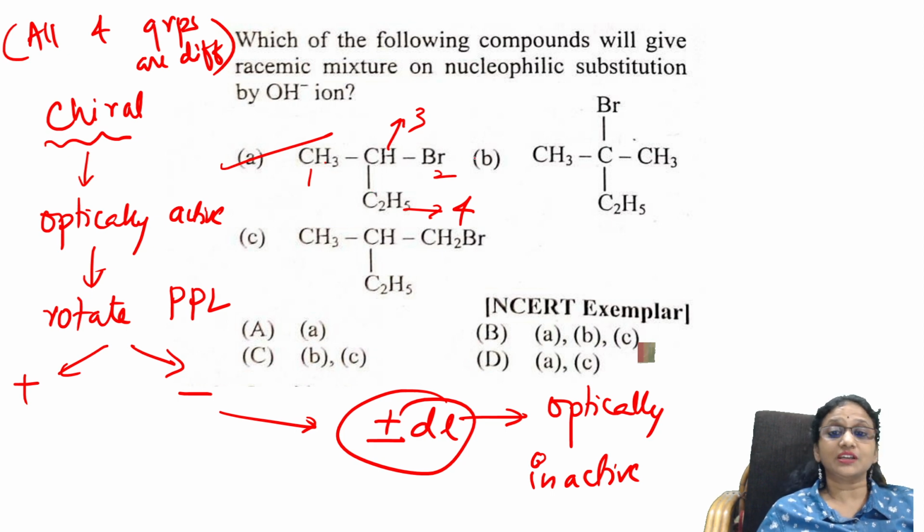Easy? So in this case, two are similar, so this is not it. This is achiral. In this case, two are CH2CH3. No, this also is not possible, because this is also achiral. So the first option is chiral. That's why it is going to show the racemic mixture. Is it easy, students? So chiral will rotate the plane polarized light.